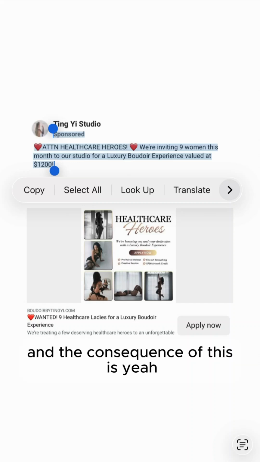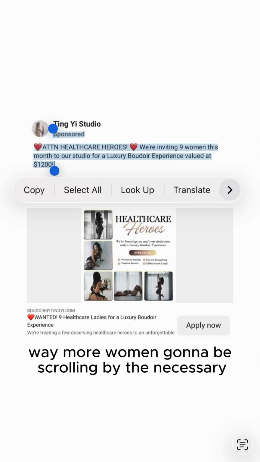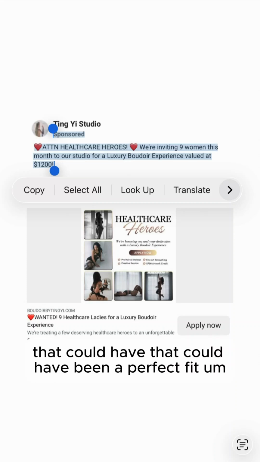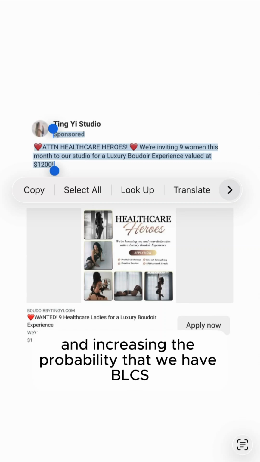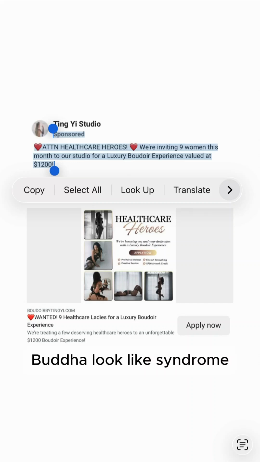And the consequence of this is, way more women gonna be scrolling by than necessary. That could have been a perfect fit. But they're scrolling right on by, pulling our unique CTRL under 6% and increasing the probability that we have BLCS, Boudoir low click syndrome.